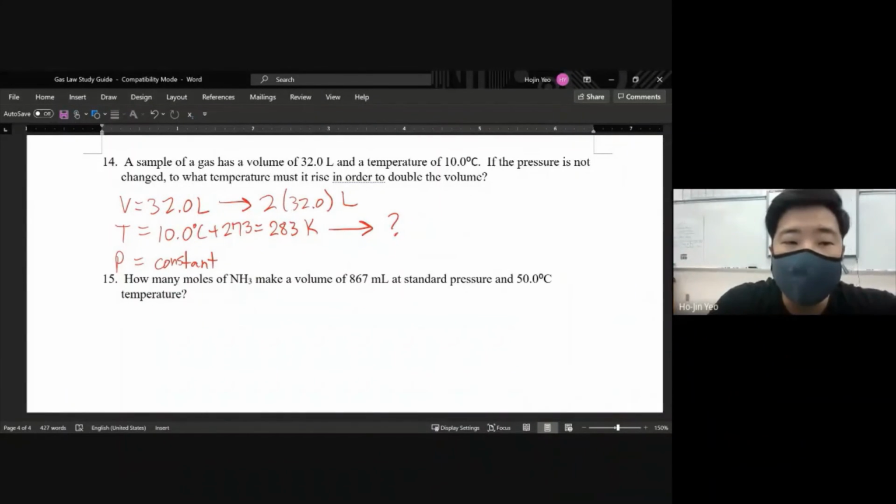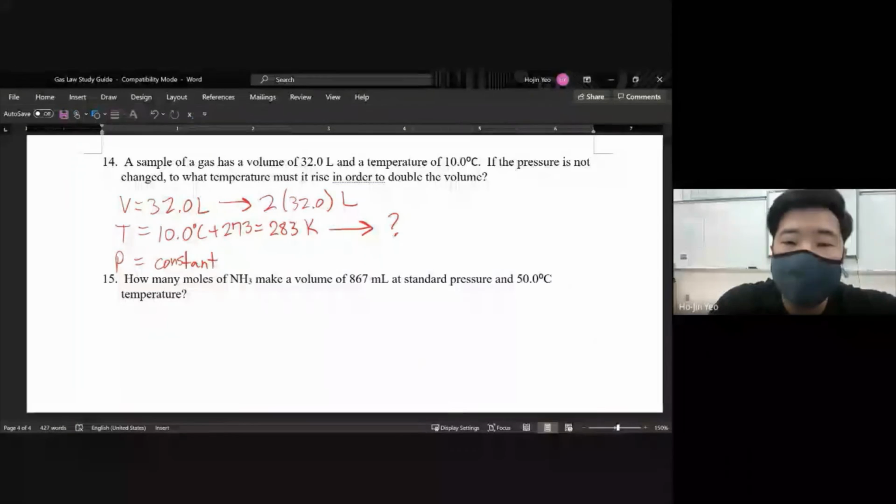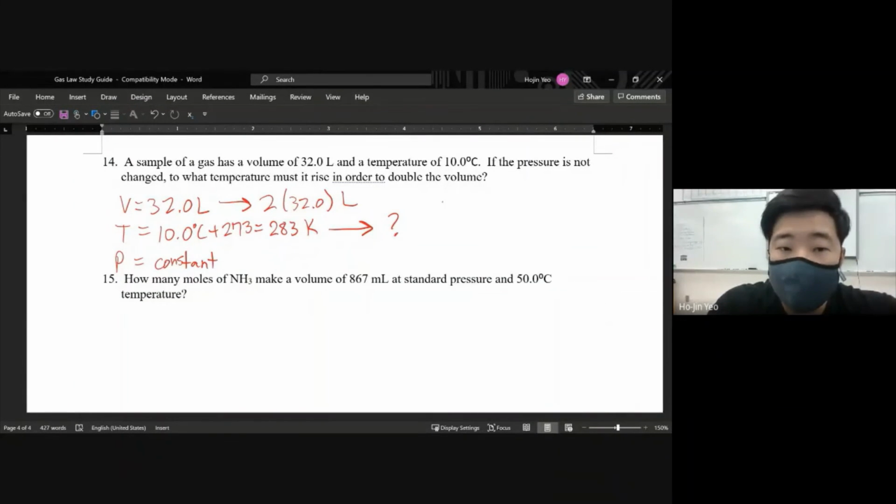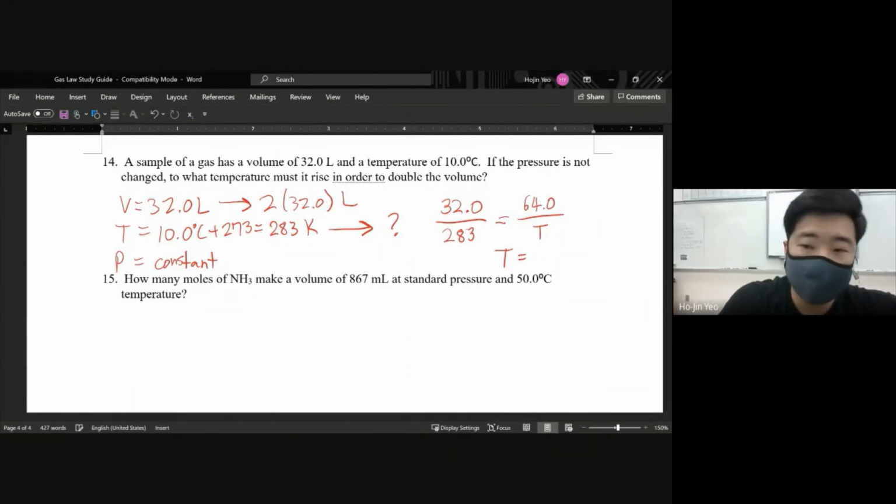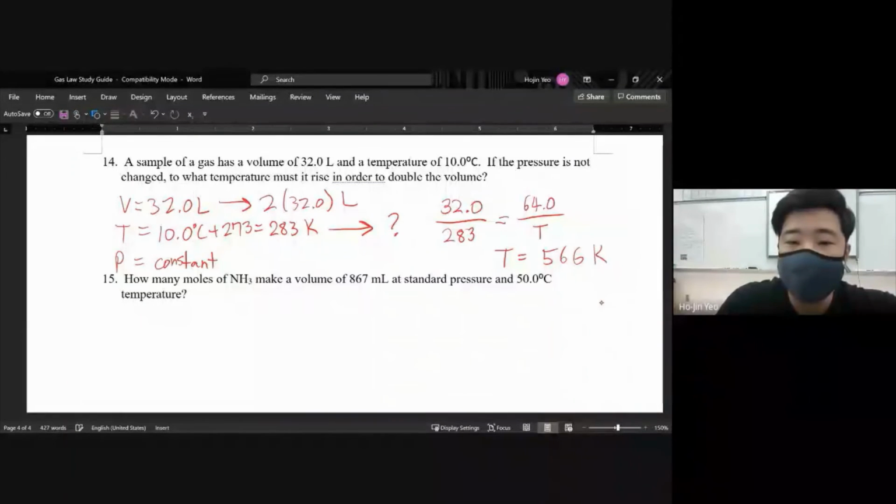Okay, so we're dealing with volume and temperature. So the volume that we have divided by the temperature that we have equals 2 times 32 is 64 divided by the temperature. So our temperature in this case is going to be 566 Kelvin.